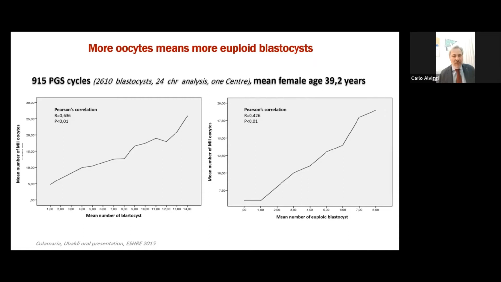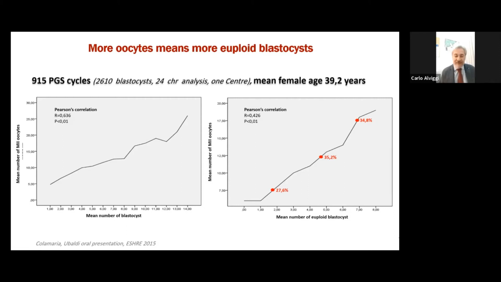So if the percentage, can you click for just once, please? If you have 30% of euploid embryos, or euploid oocytes, this 30% is related to age. It is not modified by the number of eggs retrieved.